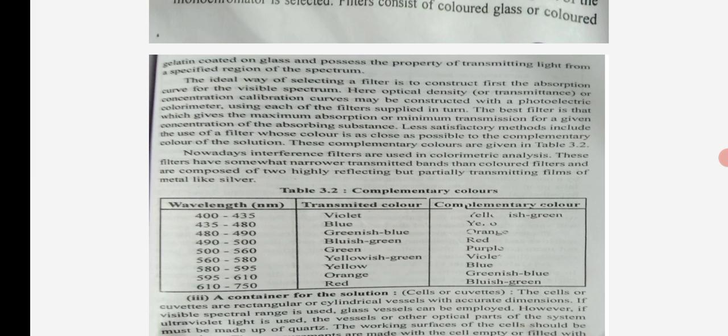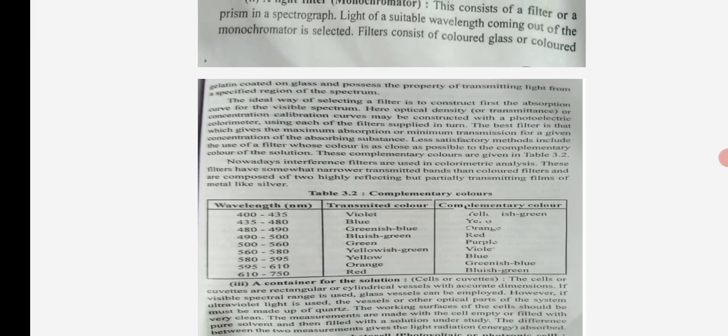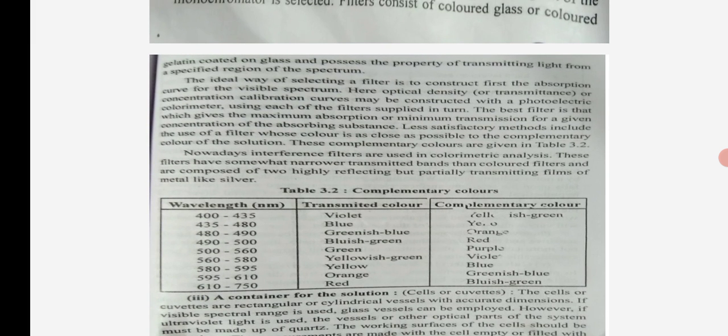The ideal way of selecting a filter is to construct first the absorption curve for the visible spectrum, and an optical density or concentration calibration curve may be constructed with a photoelectric colorimeter using each filter supplied. The best filter is the one which gives the maximum absorption or minimum transmission for a given concentration of the absorbing substance, and this gives the complementary colors by this wavelength in nanometers.